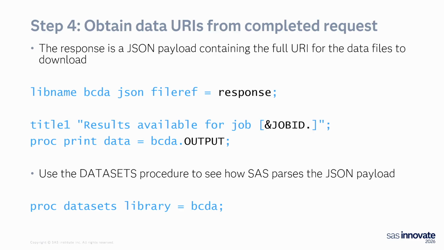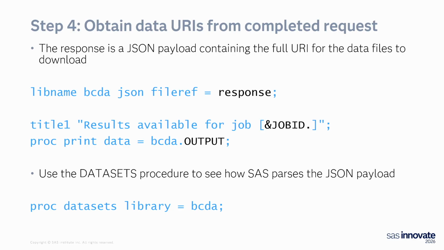We will associate the JSON libname engine with that, and using the fileref equals option, we will point it to the response file that has now come from the successful checking of the status of our download. And in this case, you need to know, it just so happens that the data set called output is the one that has the URIs, the full address to the NDJSON files you want.